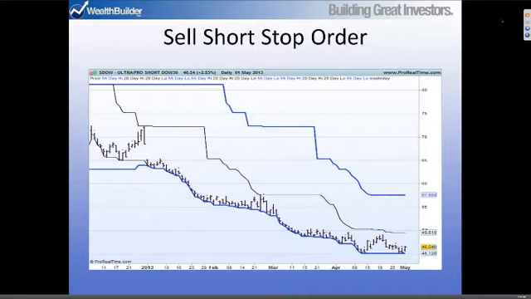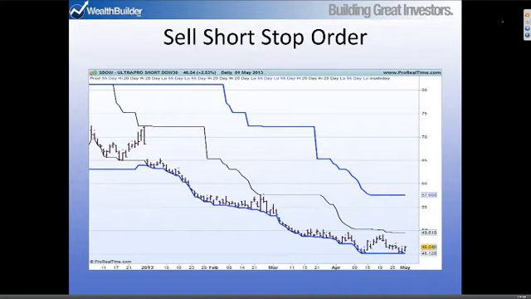As an example, suppose we want to sell short 100 shares of this stock, which is SDOW, an ultra short Dow 30, if the price falls below 45.12. So we place our sell short stop order at 45.12.